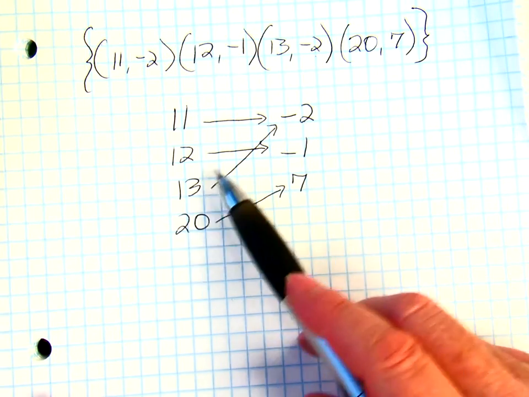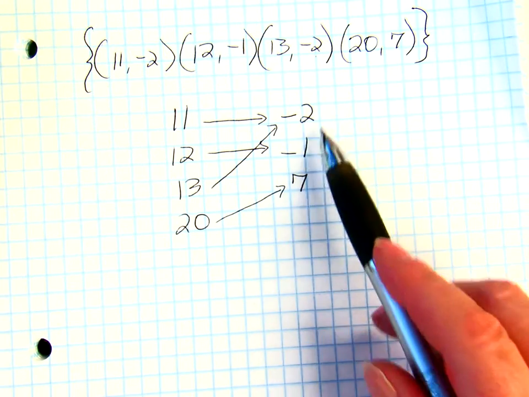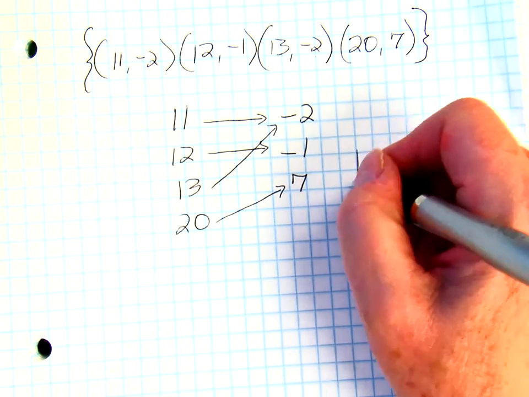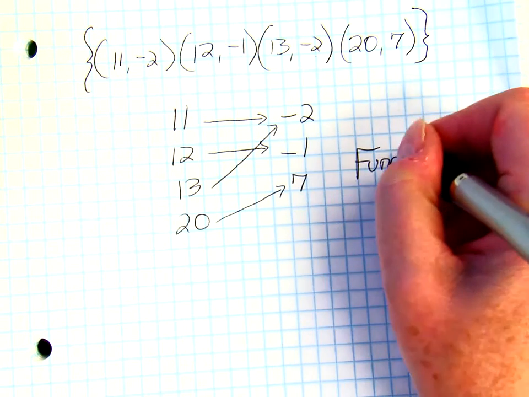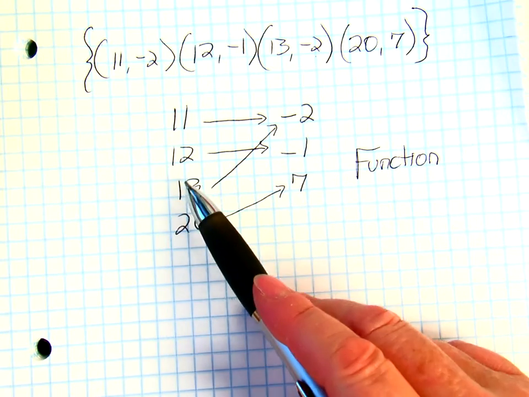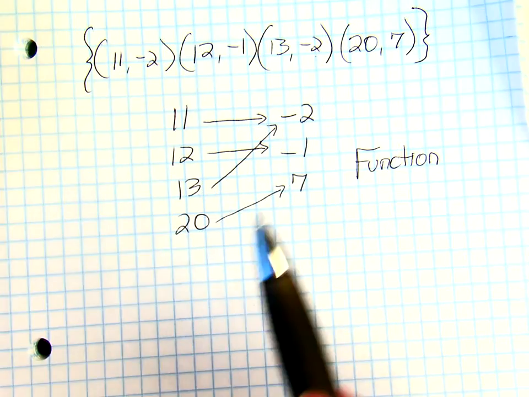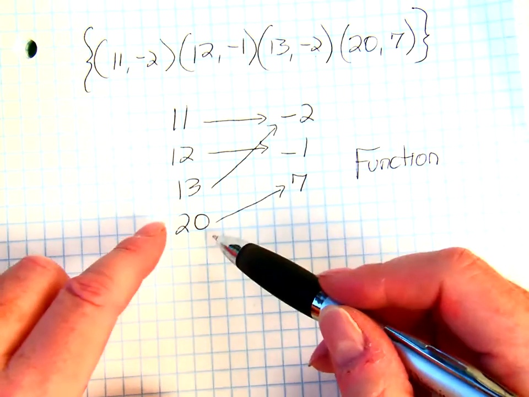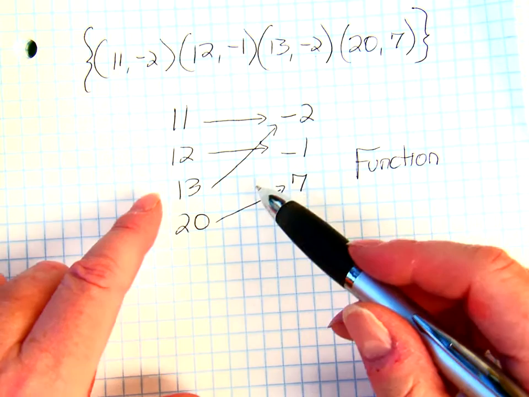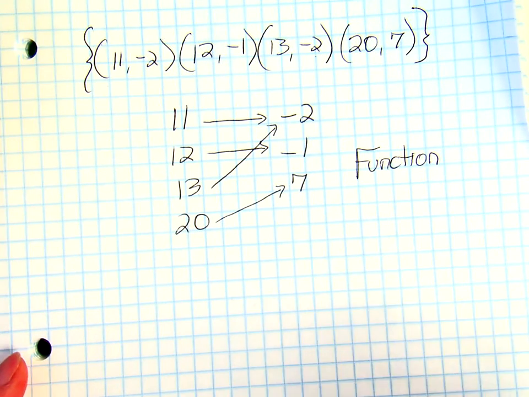Now notice that although two of my domain values have the same range value, this is still considered a function, because no single domain value has two different ranges. I'm totally not saying that properly.